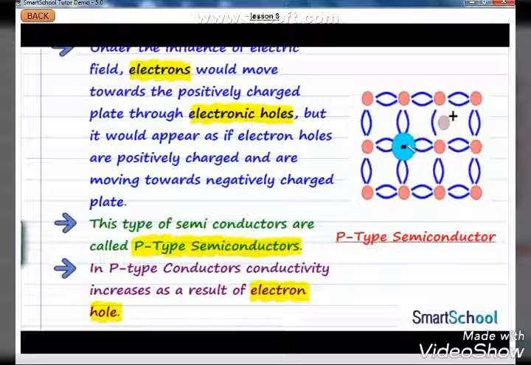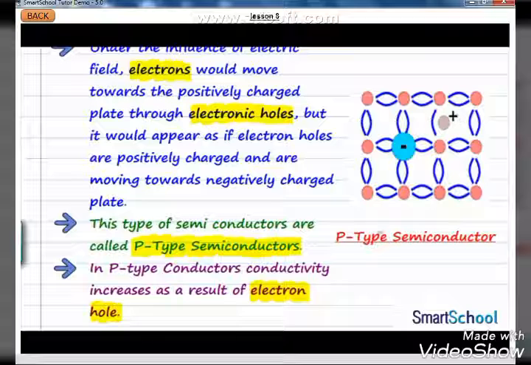In the diagram we can see that each atom is bonded with 4 other atoms, but the trivalent impurity has only 3 electrons. So in order to complete the bonds, this impurity robs 1 electron from the nearby bond and completes its 4 bonds. In this process, a vacancy of an electron is created, and this vacancy of an electron is known as a hole.